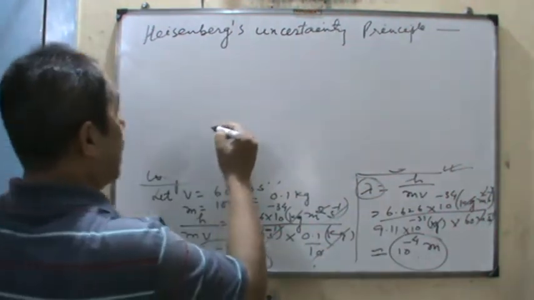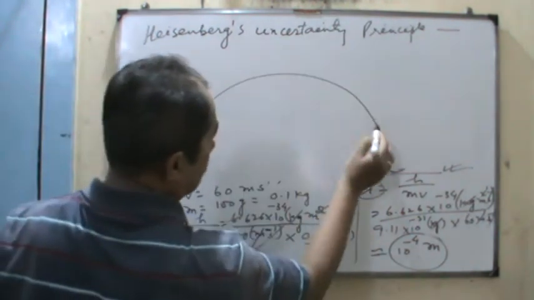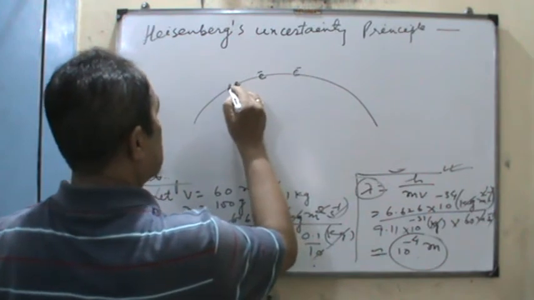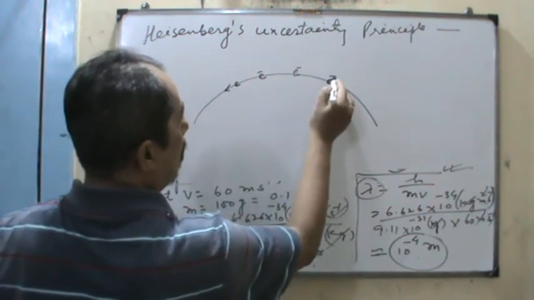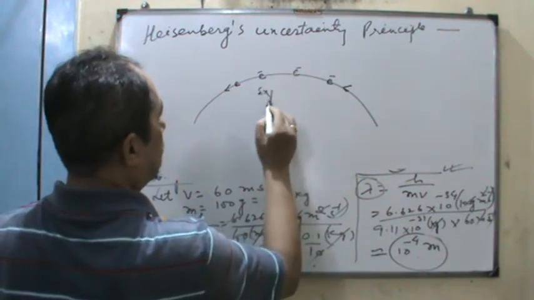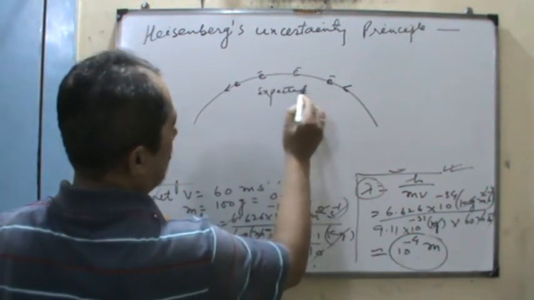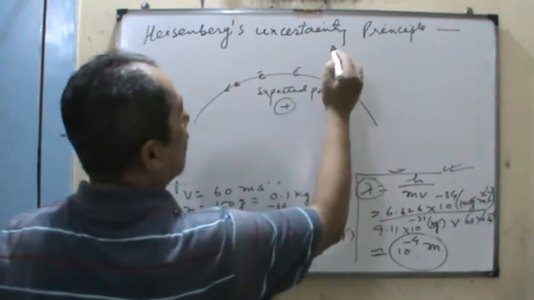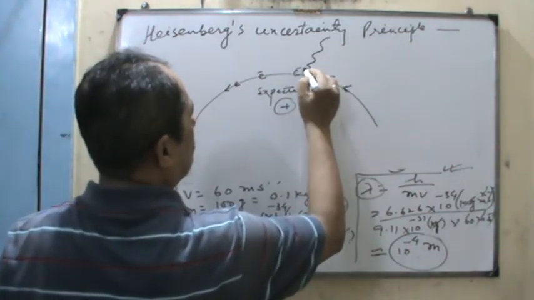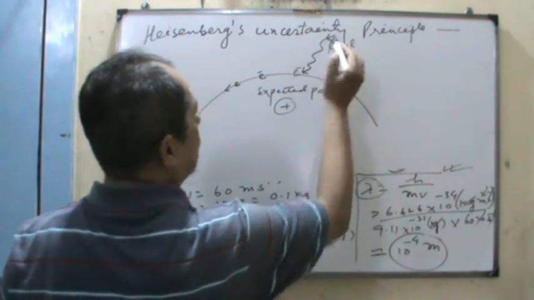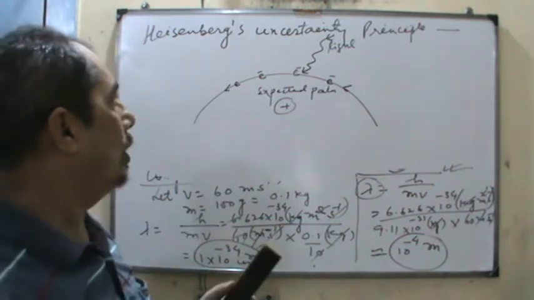Because once you take a trajectory path, an electron is moving like this, this is the expected path of the electron, right? And it is the proton. Now once you see the position of the electron, provide the light with the help of a photon. So what will you observe?